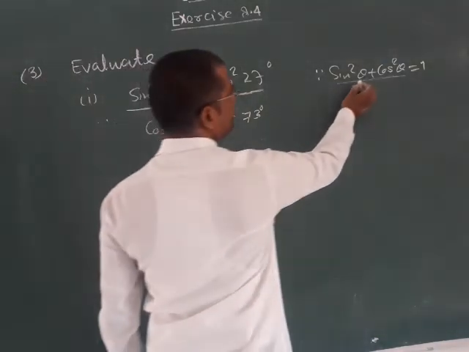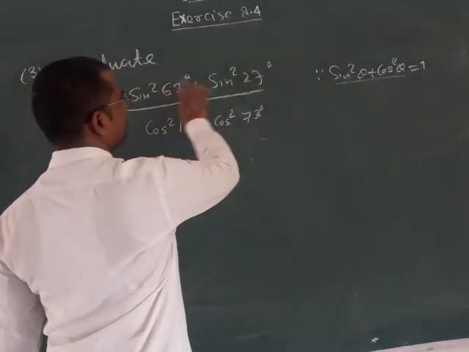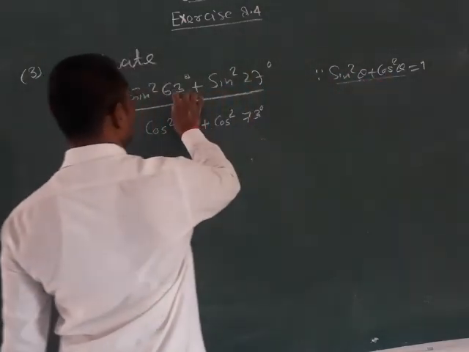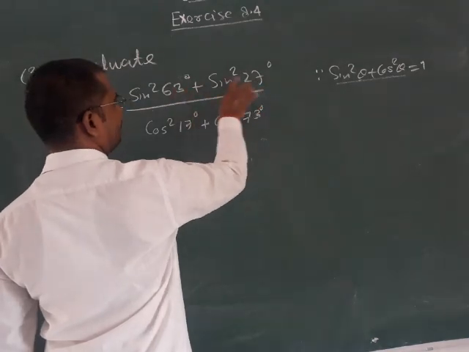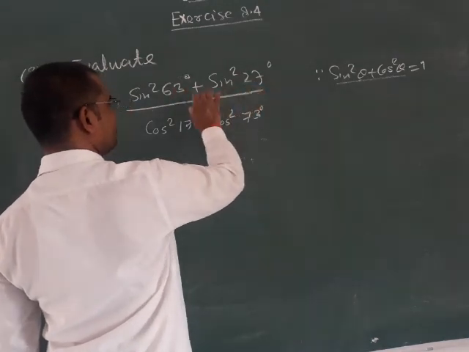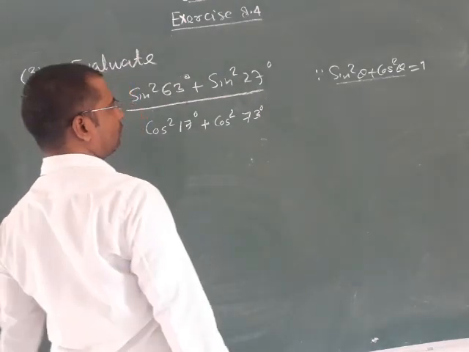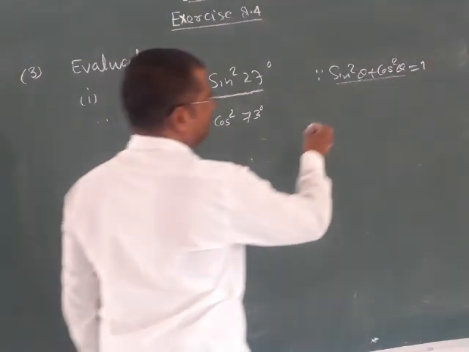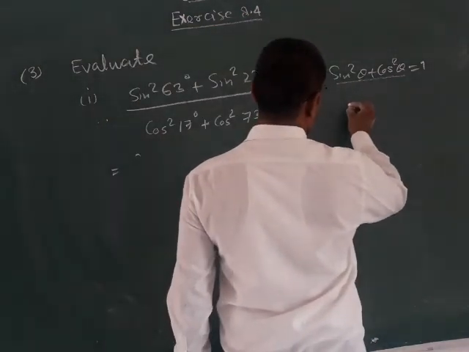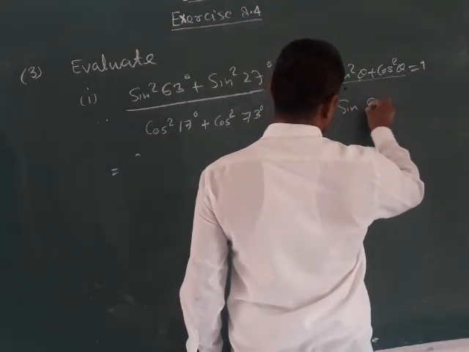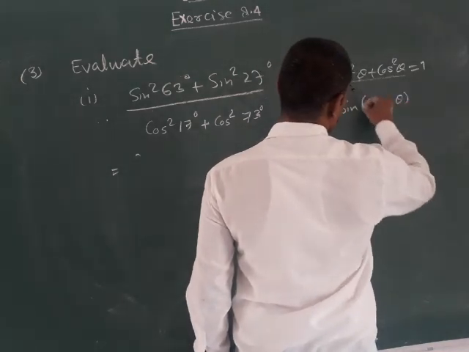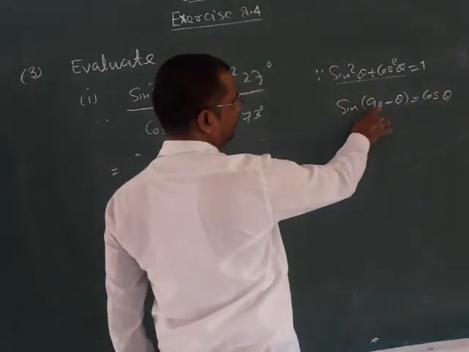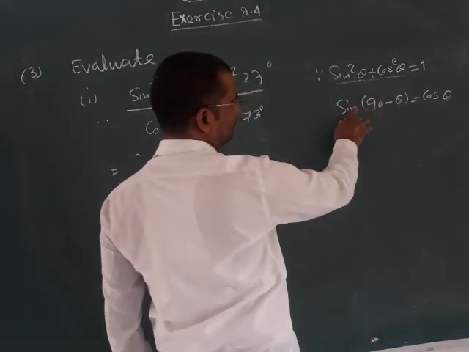Sin square theta and cos square theta are different ratios, but you can change them to the same one. Since sin of 90 minus theta is equal to cos theta, this changes the ratio to cos.